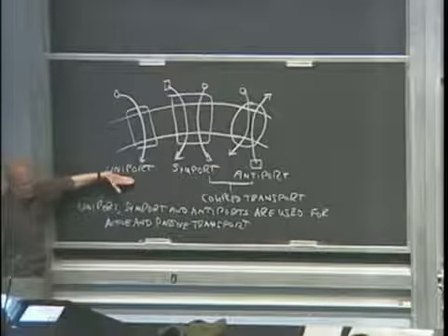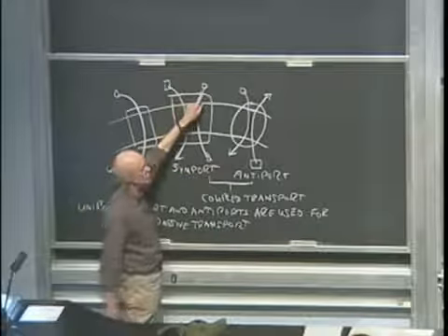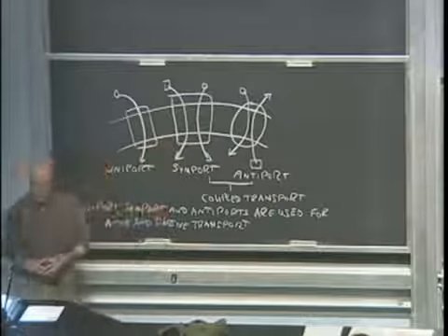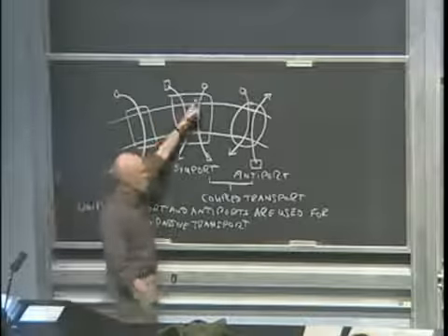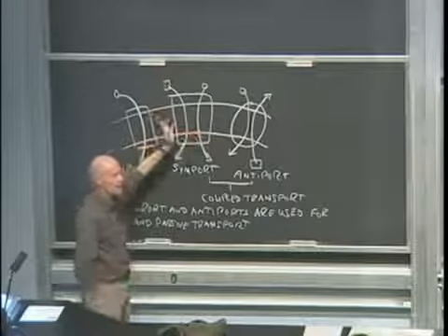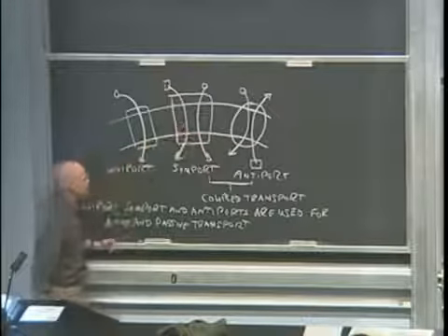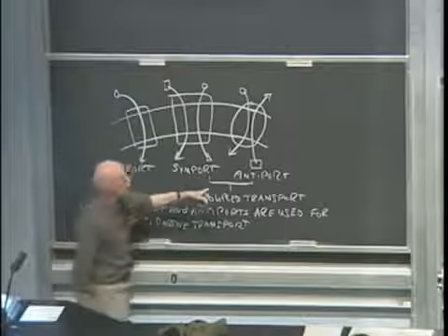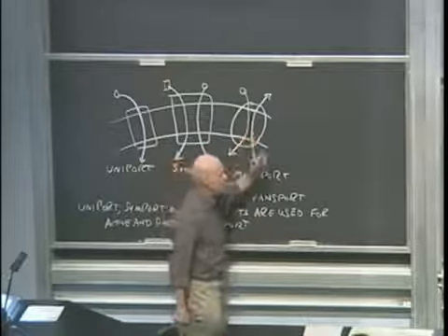That's a uniport. The second is a symport, where it transfers two molecules at the same time. There is a proton-glucose transporter, and you need a glucose molecule and you need a proton, and they are transported together. And then there's an antiport, which is one molecule in one direction, another molecule in the other direction.